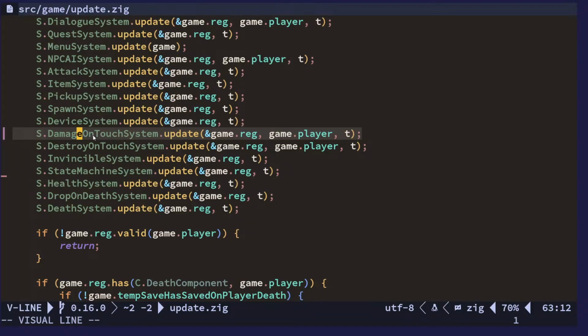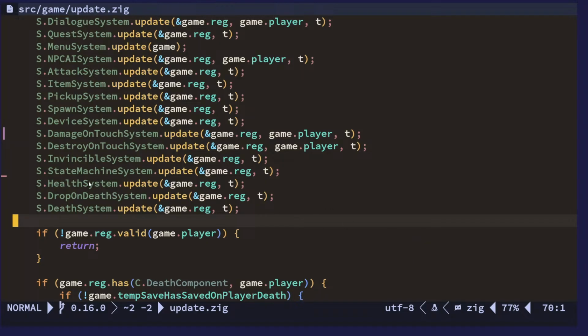So I think that maybe we need some other thing there as well. Maybe the health component can have like, well, I already took damage this frame, so I can't take more damage. Yeah. That would actually solve the issue as well. Then we don't need to have this whole thing in damage on touch that we just did.